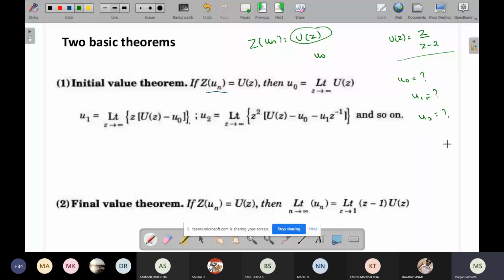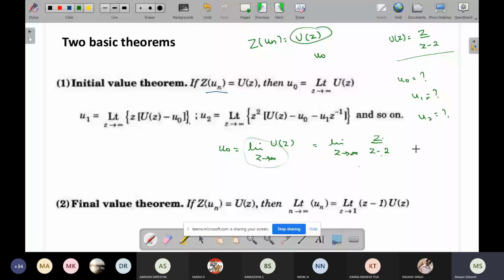u_0 is nothing but taking z tending to infinity in U(z). And now you should know how to deal with the limit z tending to infinity. When we have to substitute z tending to infinity, we cannot directly put the limit, because z over z becomes infinity by infinity form, that is an undetermined form.